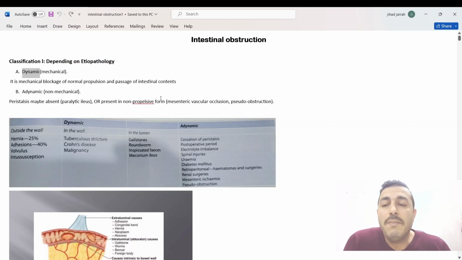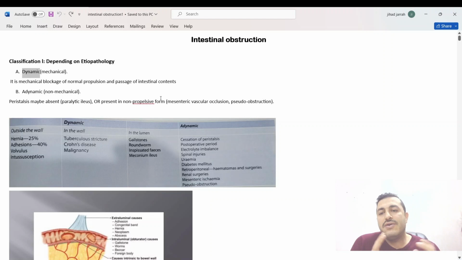Dynamic is mechanical. You can see it as a mechanical blockage. To be clear in your mind, you can imagine cancer blockage. So it's dynamic obstruction and adynamic obstruction.